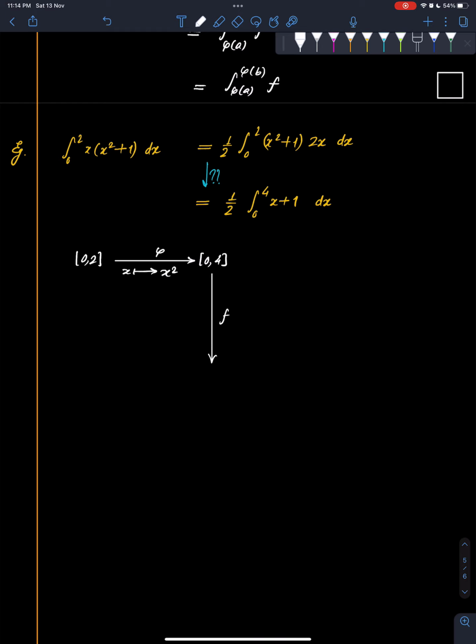I'm defining phi, I'm defining f, and f is defined by the recipe: it takes little x to x plus 1. So the composition of these two becomes x going to x square plus 1, and this is your f composed with phi. Right? Let me make it a little bit more beautiful.